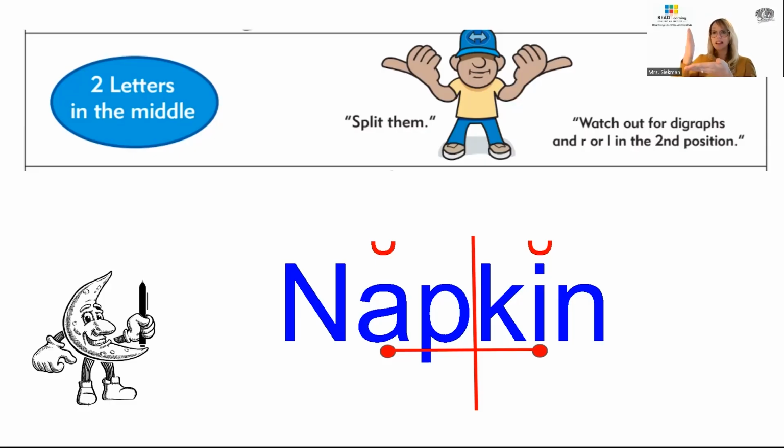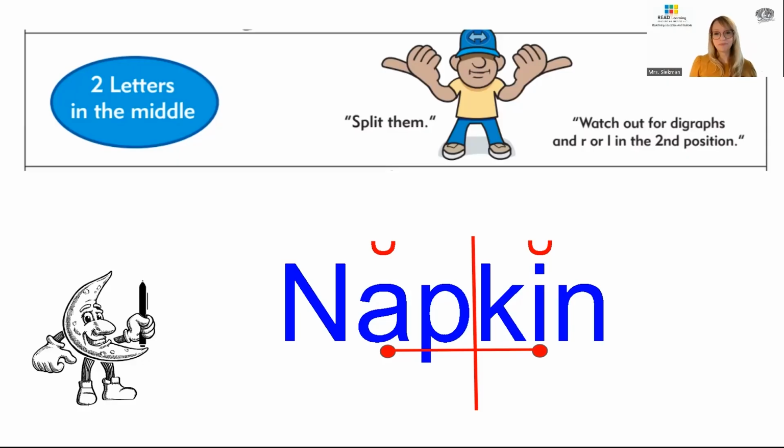Here we have nap, kin. Blend it together, napkin. You see, by using a visual and a tactile strategy paired with our auditory strategy, we can build in a multi-sensory experience to reading for our students.